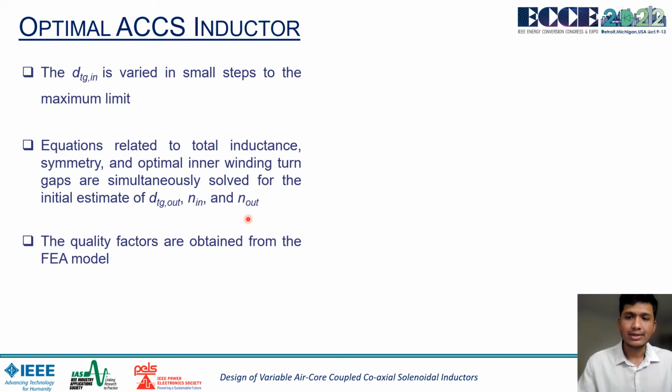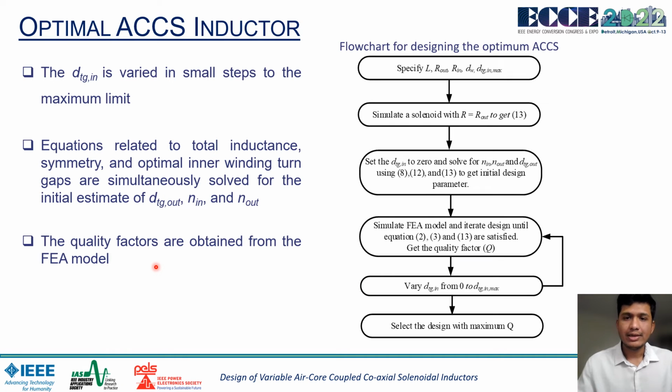These values are then used in the FEA model to verify the design and to compensate for any non-integer solutions. And then the final values are obtained. Here we can see a flowchart which describes this process.